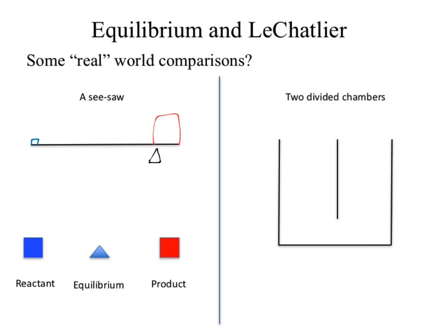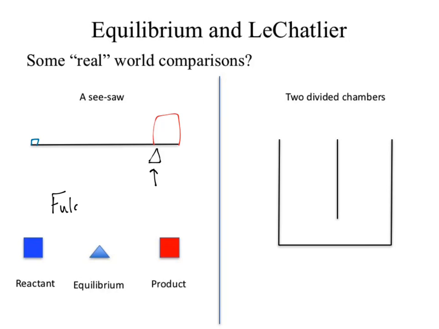That means my fulcrum must have shifted. Does that make sense? I can define the location of that fulcrum by looking at the relationship of the products to the reactants. That fulcrum is located more on the product side than on the reactant side.